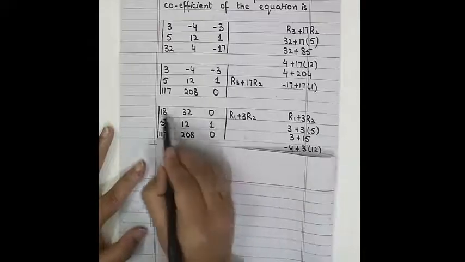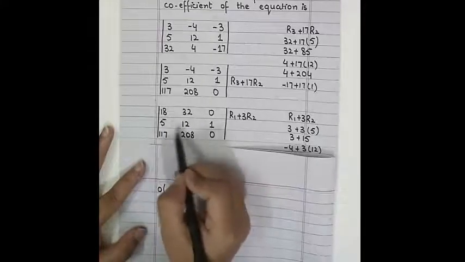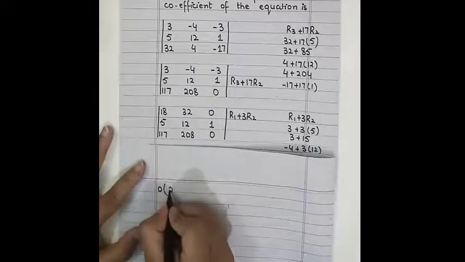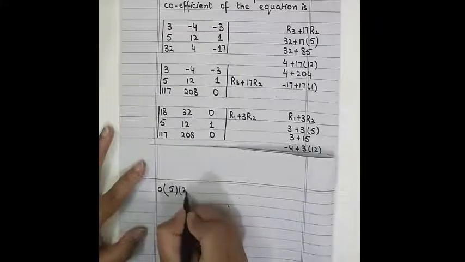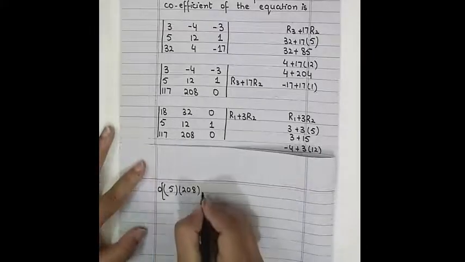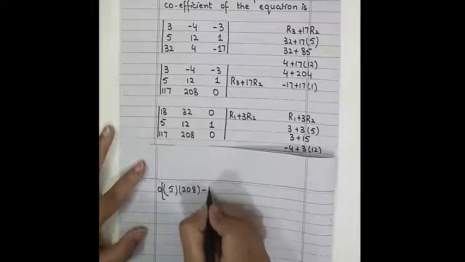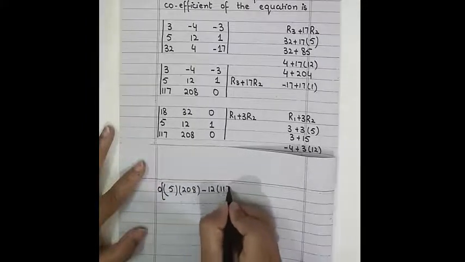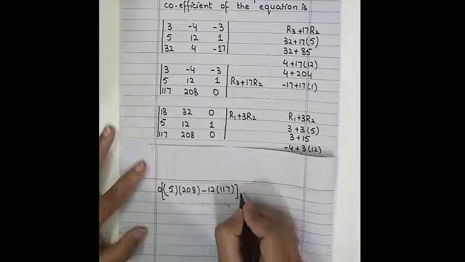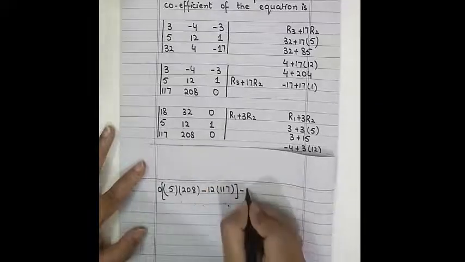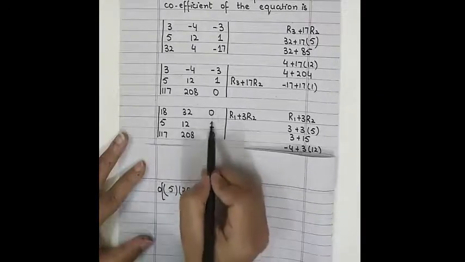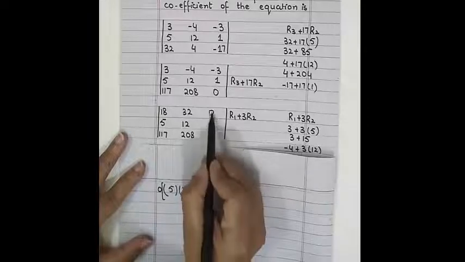So fixing 0, now we will cross multiply 5 and 208, minus 12 times 117. For the second, we have a minus sign. Now taking 1, we will ignore this row and this column.